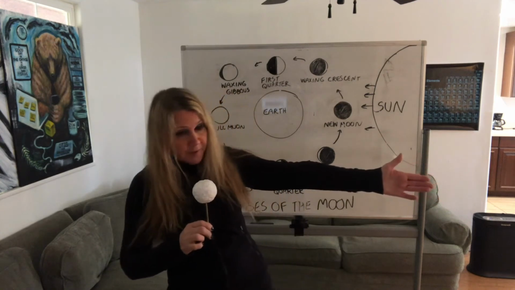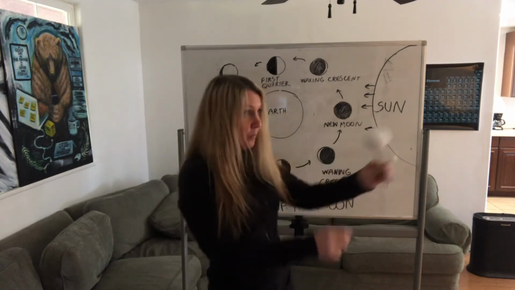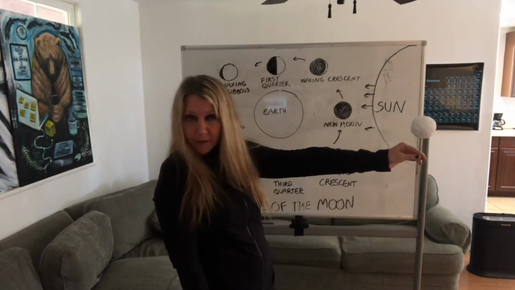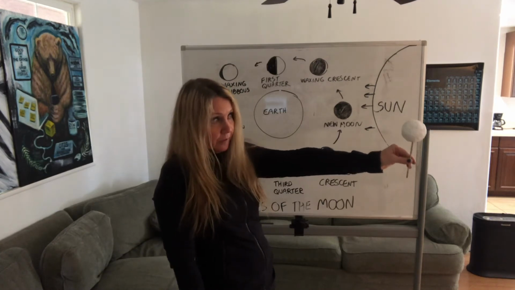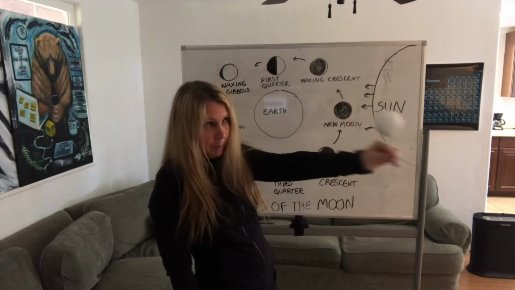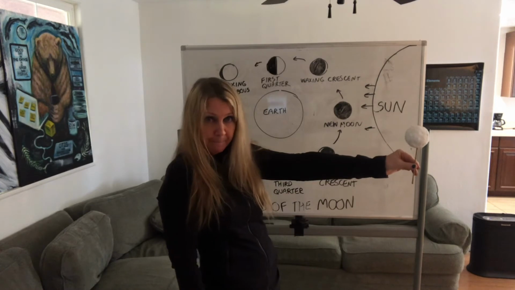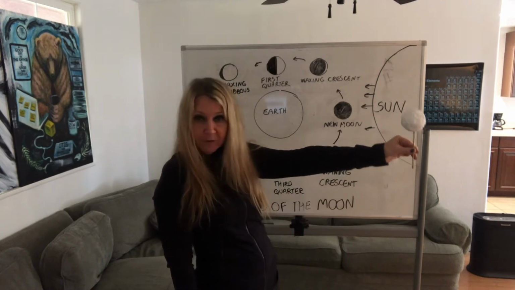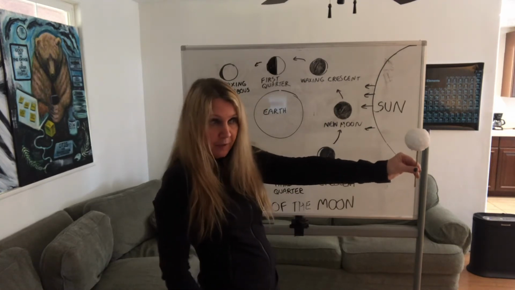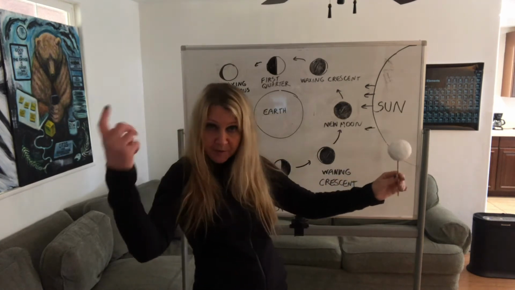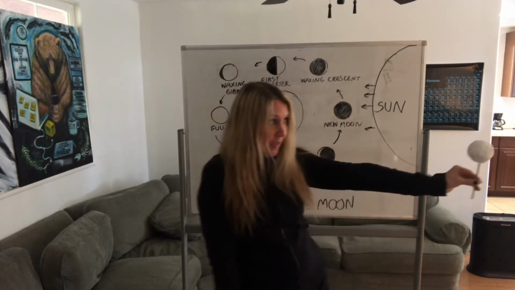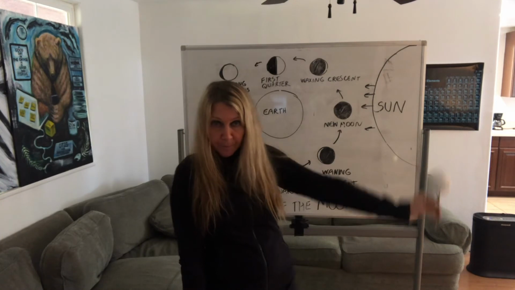We have over here sun, and I'm the earth. So to do this demonstration, I can just hold this moon lollipop at arm's length, and I'm starting with the first phase. It doesn't really matter which phase you start with because it's a cycle, but this phase would be new moon.